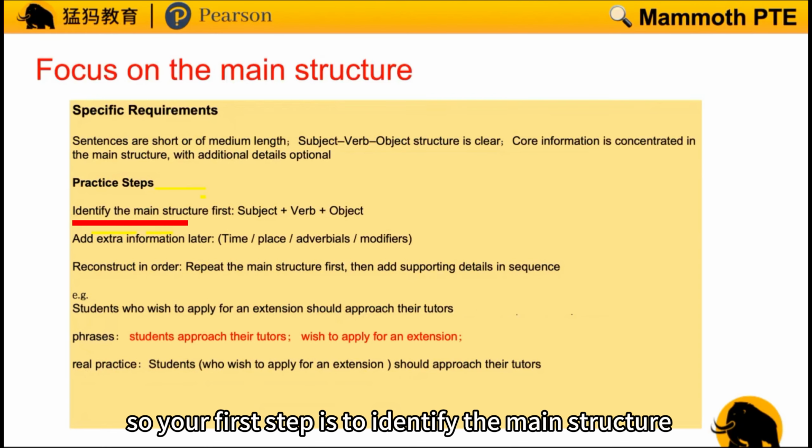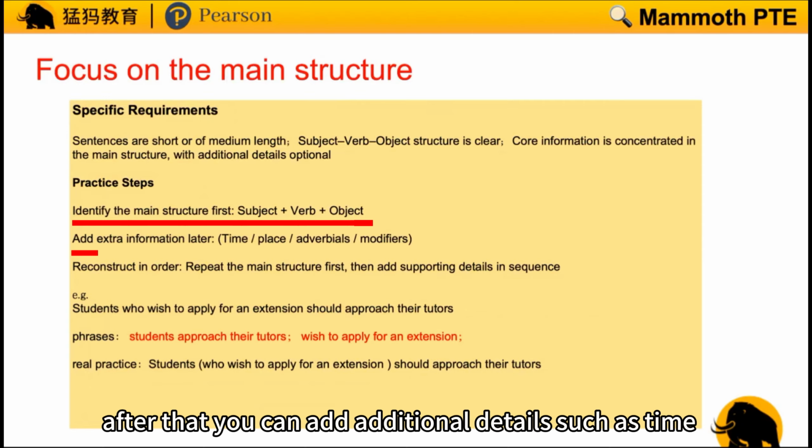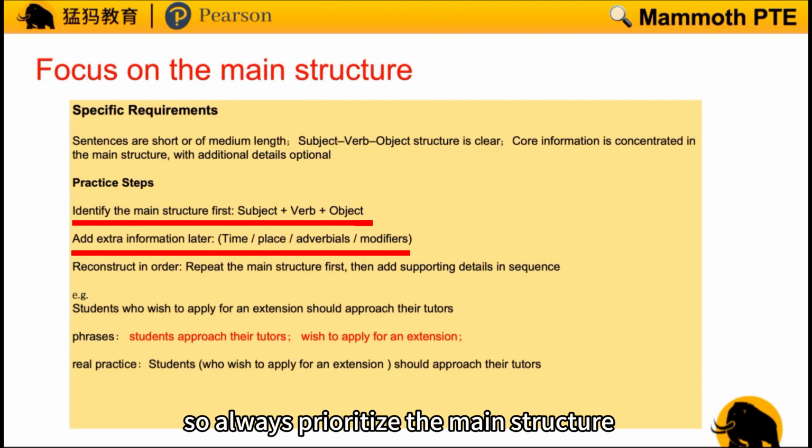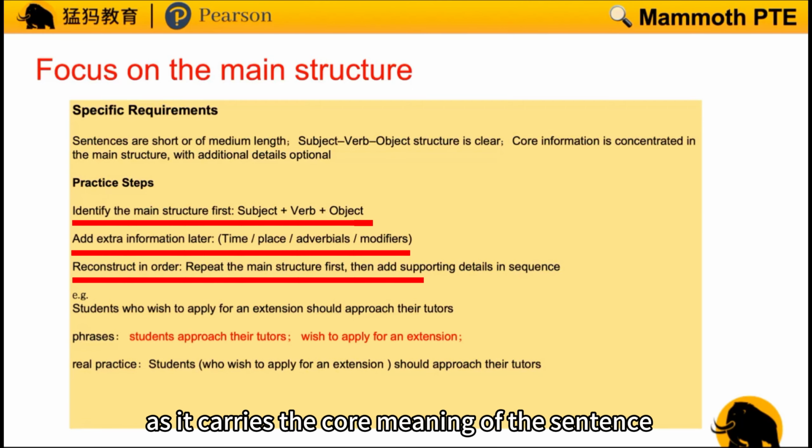So your first step is to identify the main structure and say it first. After that, you can add additional details such as time, place, or modifiers if you remember them. So always prioritize the main structure before anything else, as it carries the core meaning of the sentence.